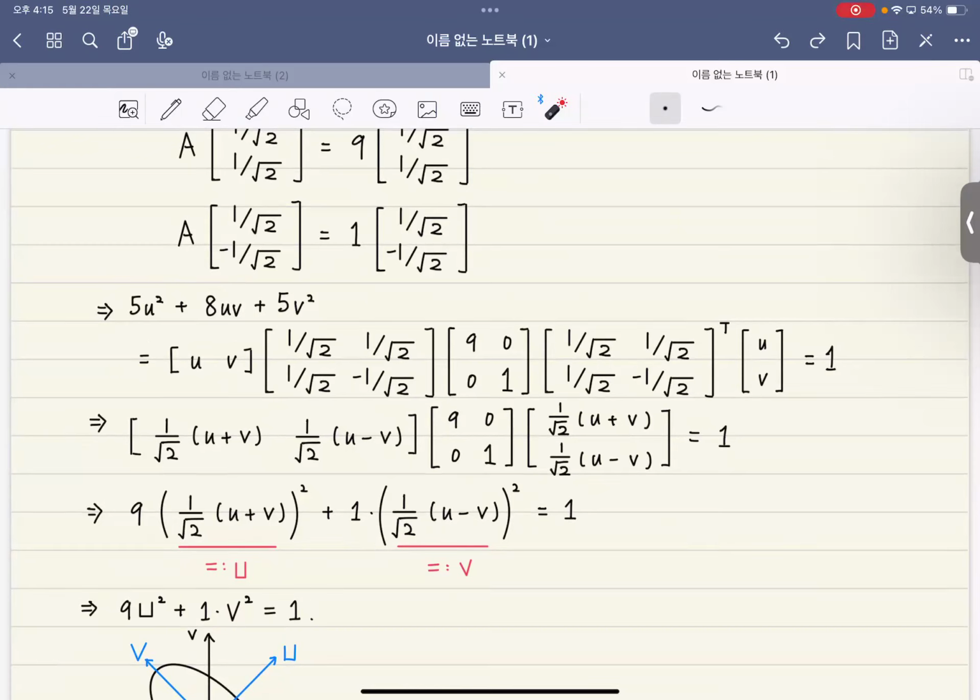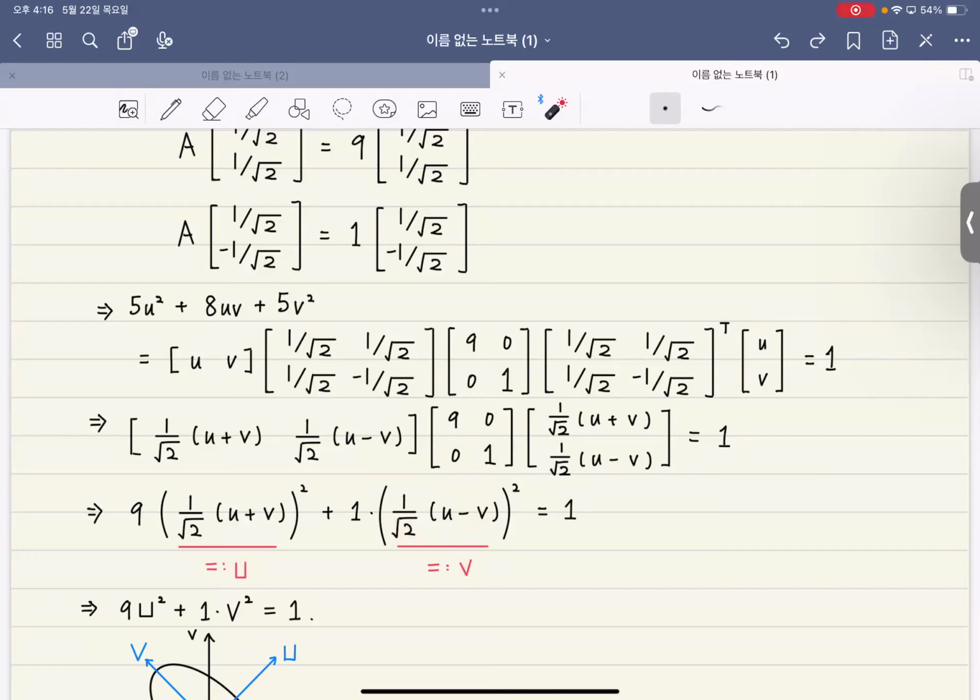In our traditional x and y axes, the x-axis is characterized by y equals 0, and the y-axis is characterized by x equals 0. So to get the large u-axis, I need to put large v equals 0.